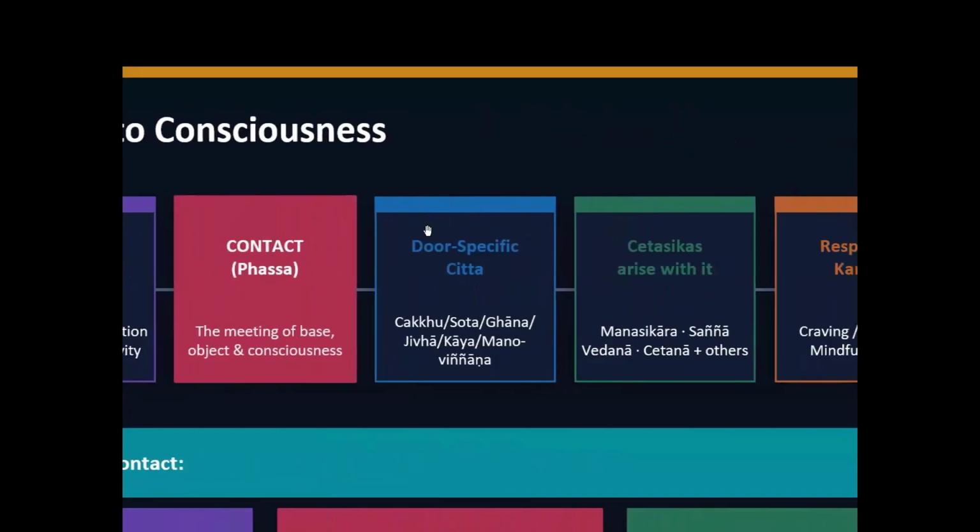Then upon the contact moment, you have the door-specific citta. So a selected citta will arise on whichever prominent door opens, like cakkhu, sota, ghana, jivha, kaya, and mano vijnana. So this particular consciousness will arise once you meet all these conditions.